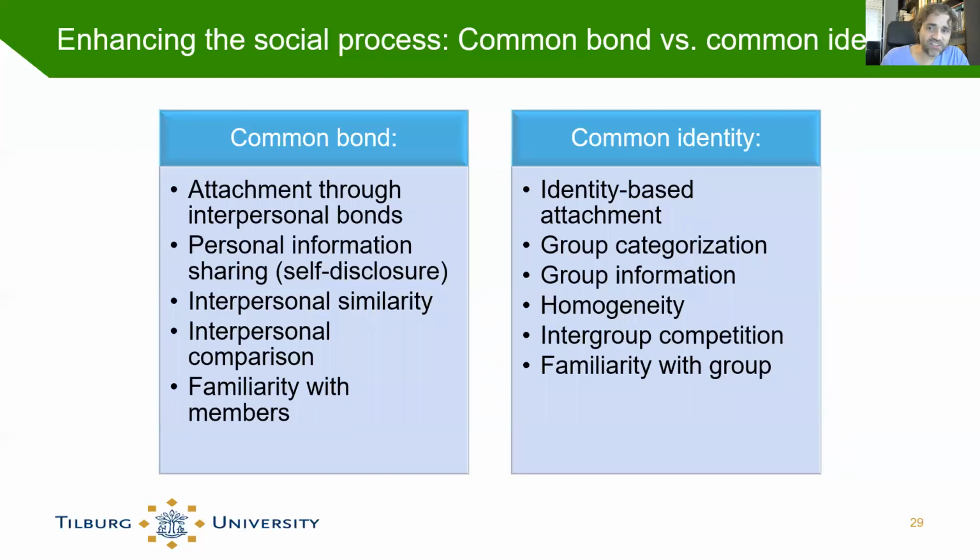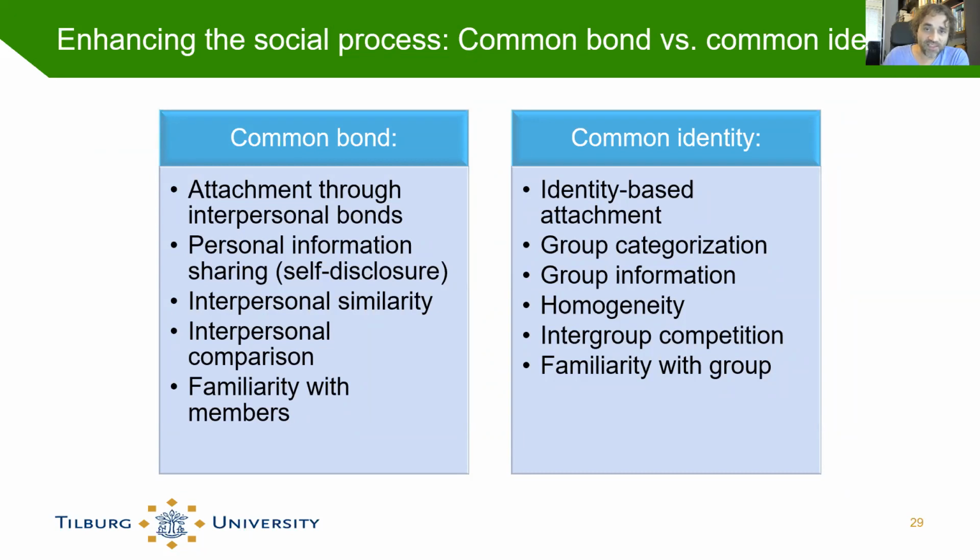But we've actually seen in many other lectures that stimulating an identity, making people feel as if they're part of the same team, or part of the same organization, is also very important, and also a very important stimulant for knowledge sharing.